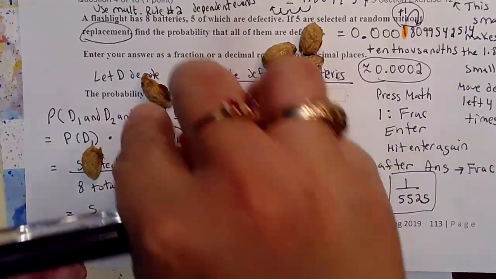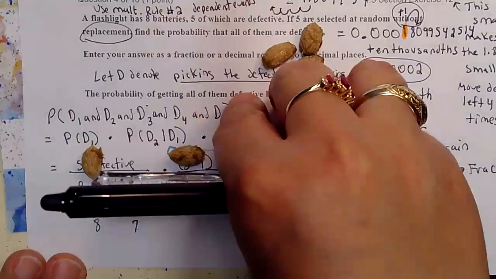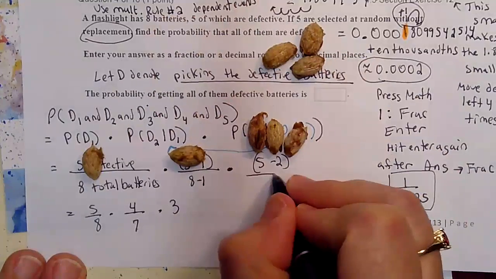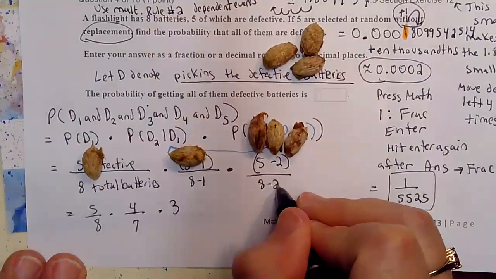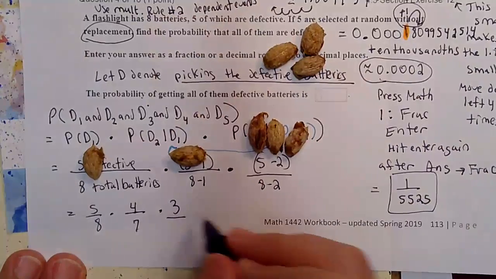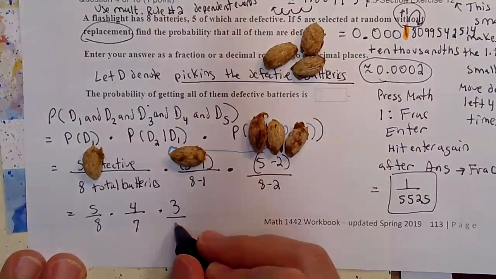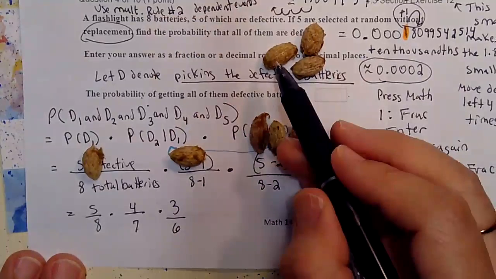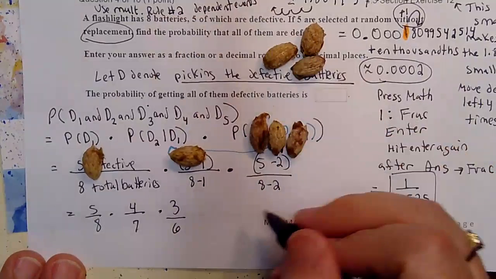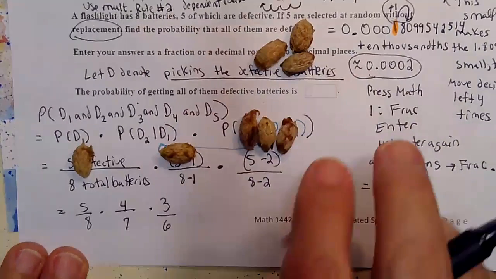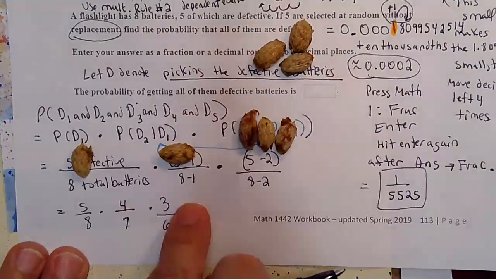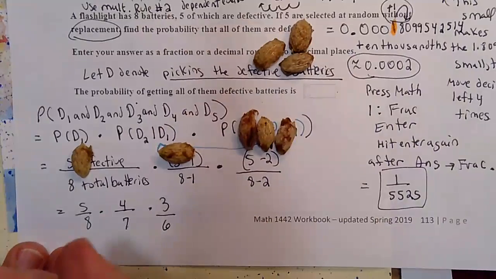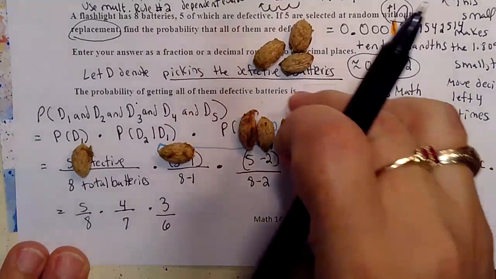So now you've got 3 batteries over 8 minus 2, and 8 minus 2 is 6. So now you see you have 1, 2, 3, 4, 5, 6. Okay, 6 left. And now it's 1 choice, 2 choice, 3 choice. You're choosing 5.